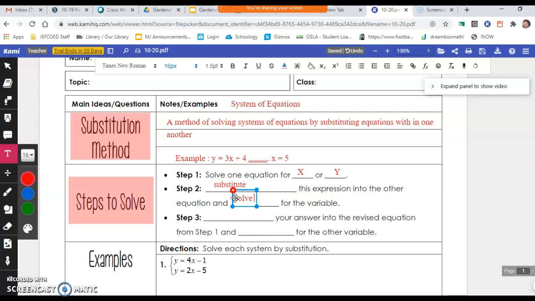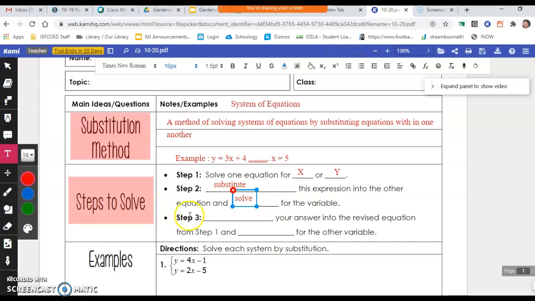Basically, what it's asking you to do when it says solve one equation for x or y is to figure out x equals this or y equals this. The easiest way for me to tell you is to just solve an equation and put it in slope-intercept form. That's the easiest way for me to explain it to you.